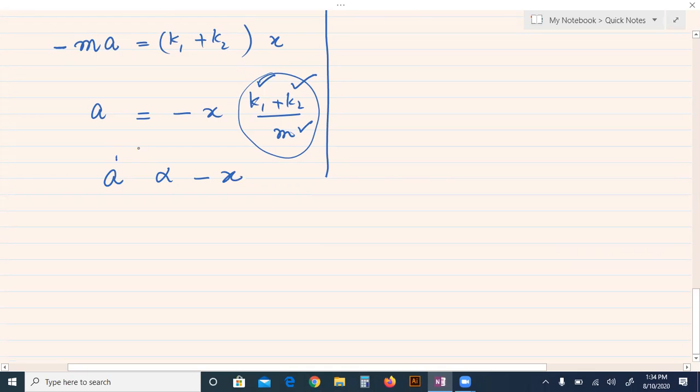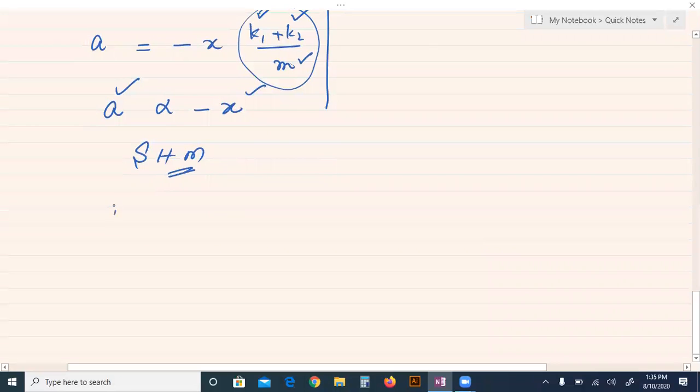When acceleration and displacement are directly proportional to each other and opposite in direction, the motion is simple harmonic. So theoretically, it is proved that the oscillation of the trolley after release is simple harmonic motion. The actual equation is A = minus X omega square.